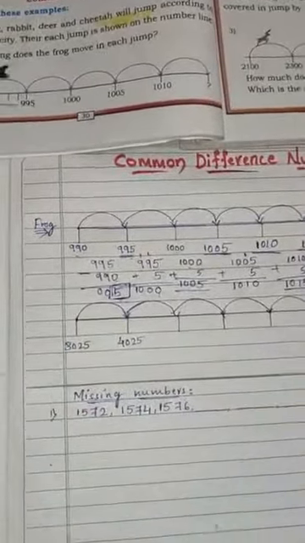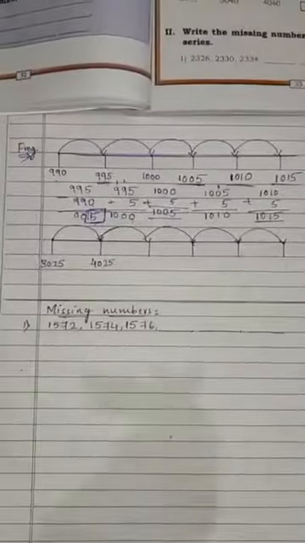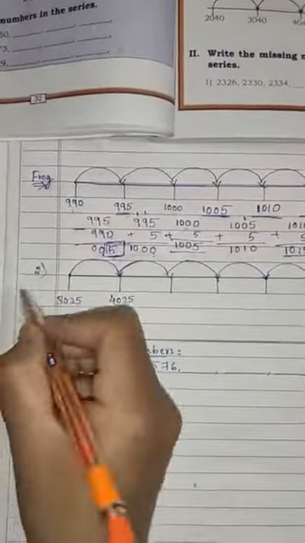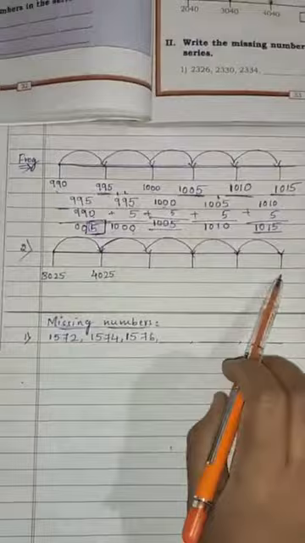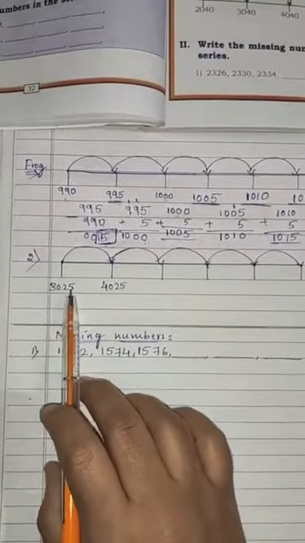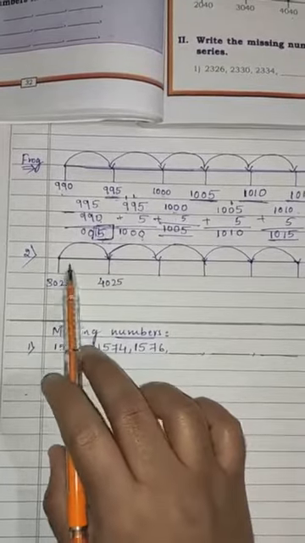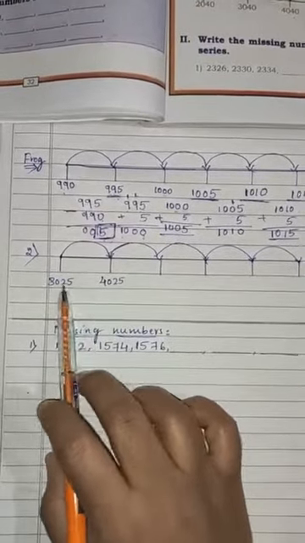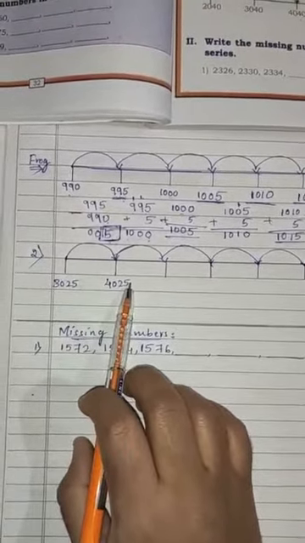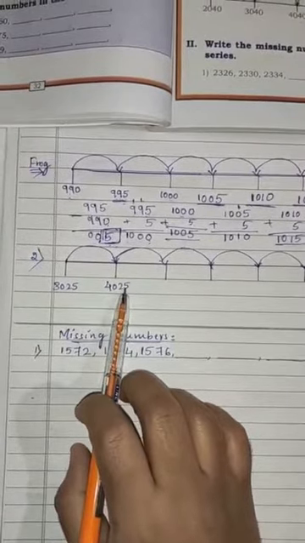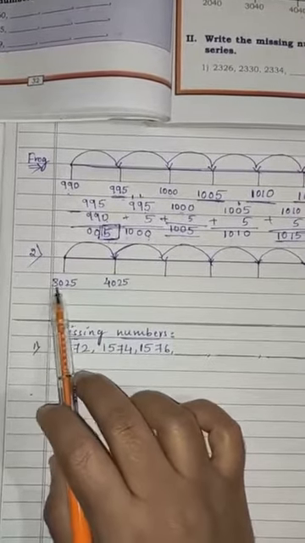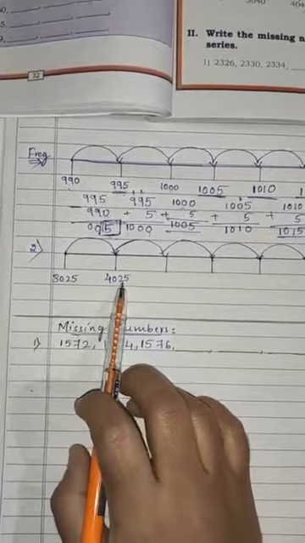Okay, let's take one more example. The second one, here is the example. Can you see this number line? Yes, the first number is 3025, next 4025. Now we have to see the difference between these two numbers. Okay, so what do we have to do here? Yes, we have to subtract 3025 from 4025.